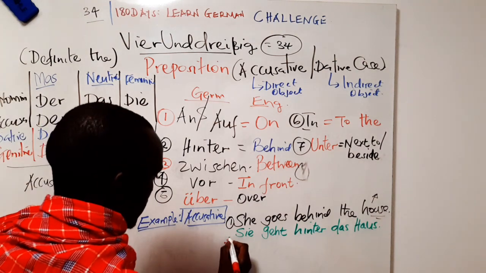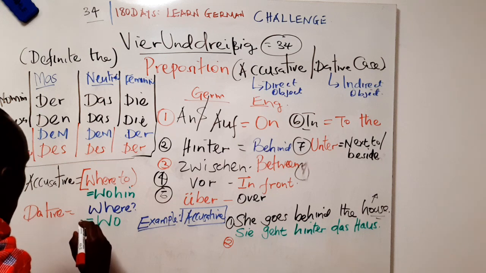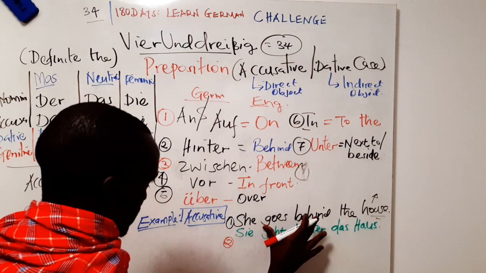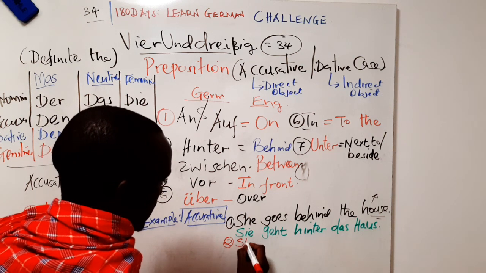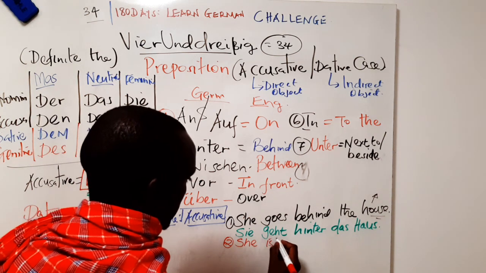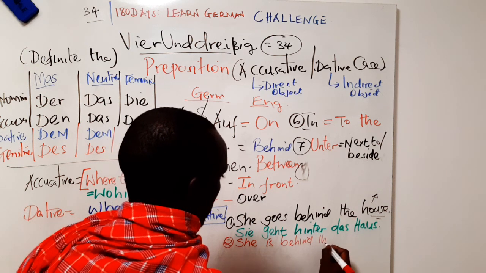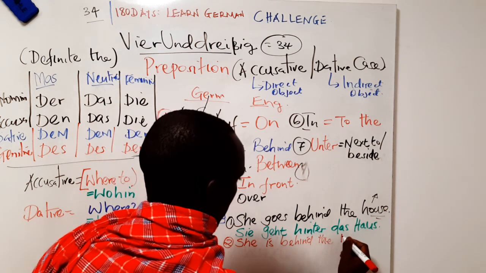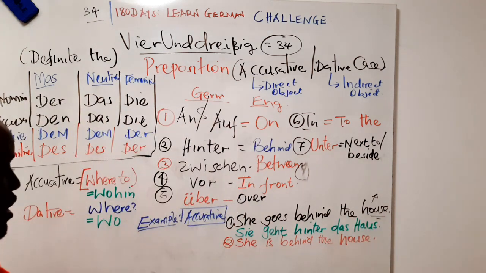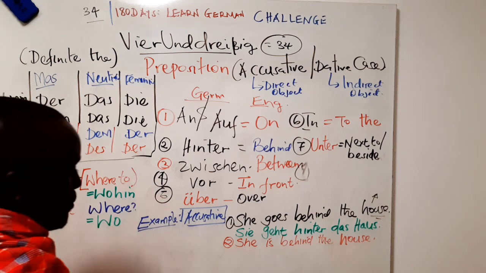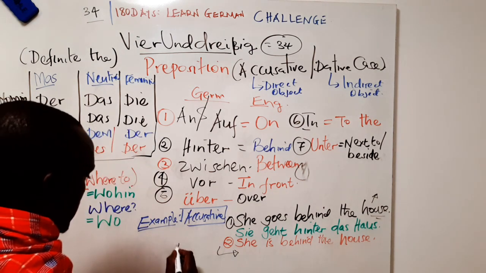Okay, so let's see where. Number 2, we use the same line, but we flip it a little bit. So she is behind the house. Remember this one now is dative.